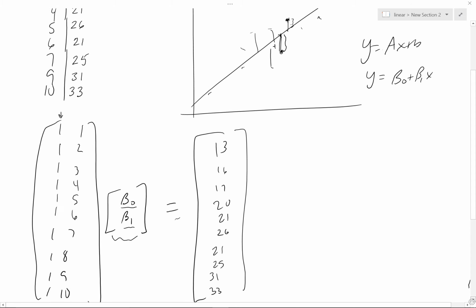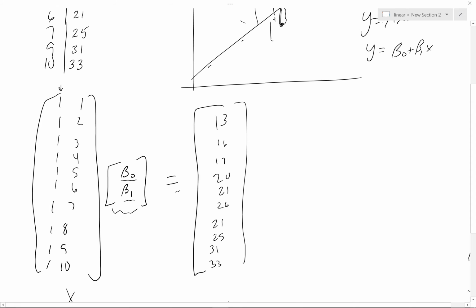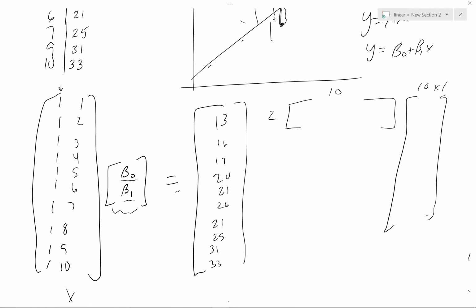Cool. Now notice it says to take x transpose times the y's. I can do that. This will become a 2 by 10 times a 10 by 1, and what I'll end up with is a 2 by 1 when I'm finished, right?